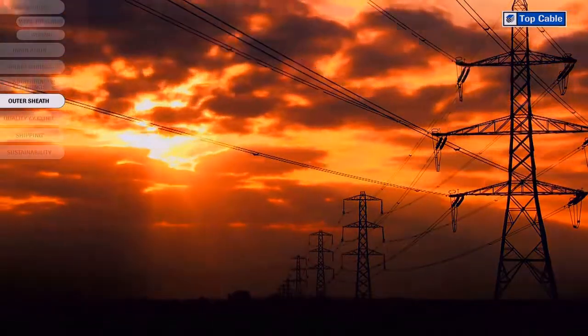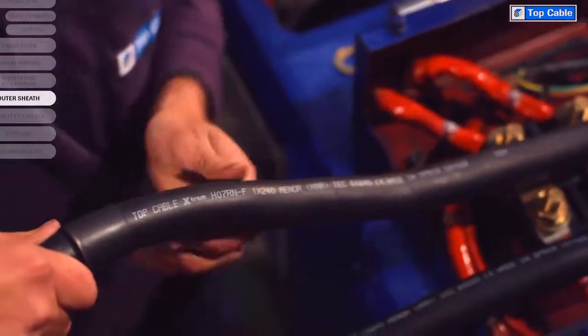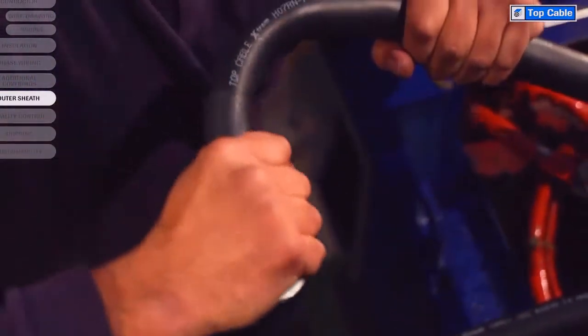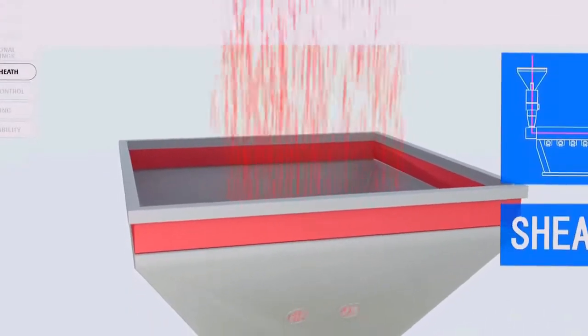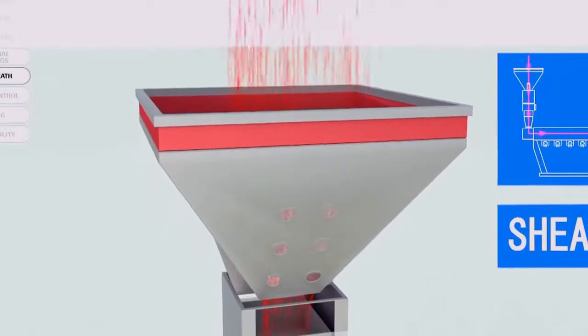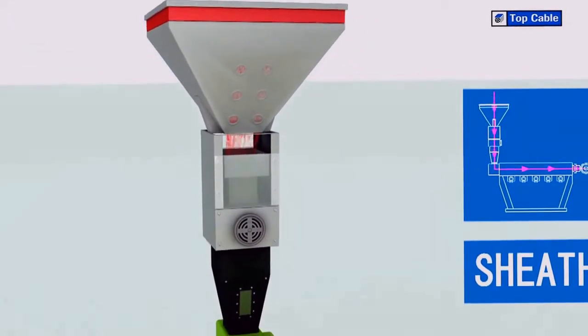It also protects them from mechanical aggression, which may occur during the installation of the cable. As with the insulation, the outer sheath can be made from a thermoplastic or a thermosetting plastic. The outer sheath is applied like the insulation via a process of extrusion at high temperature.